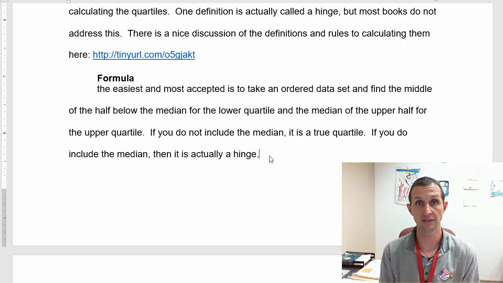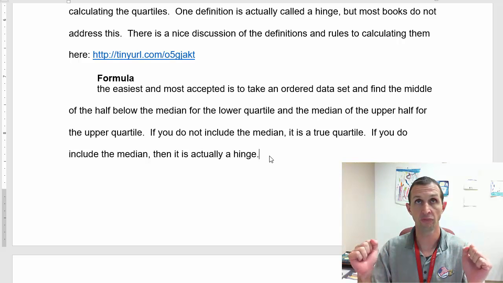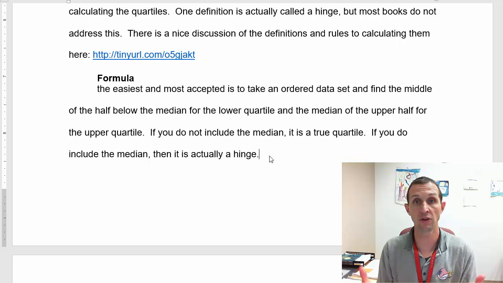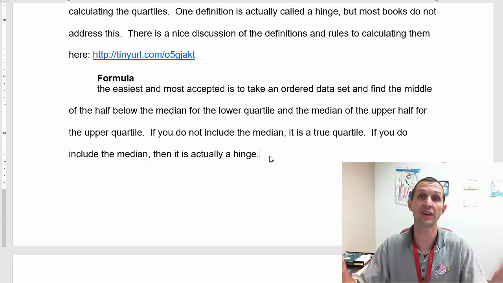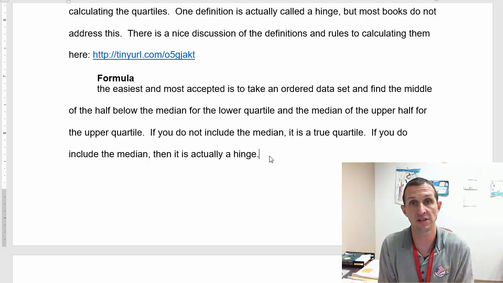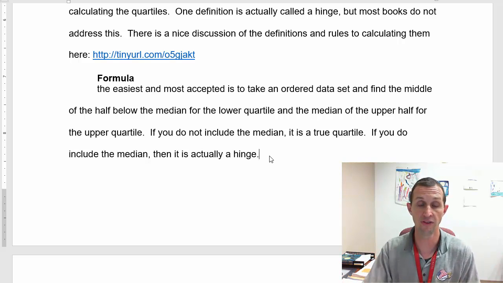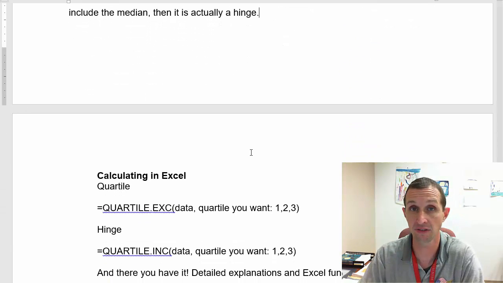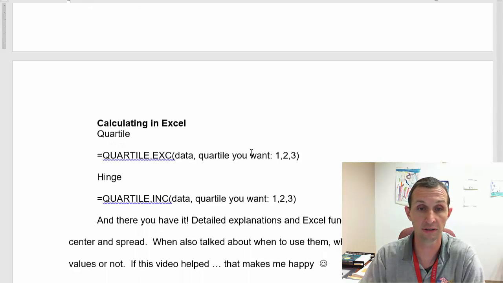It turns out that a hinge typically has more data values as quartiles, whereas with a quartile, the way you're dividing it up into 4s, you have more calculated values. And so for some statisticians, they want actual values there. Again, if you're worried about this stuff, it doesn't make much of a difference for the most part.